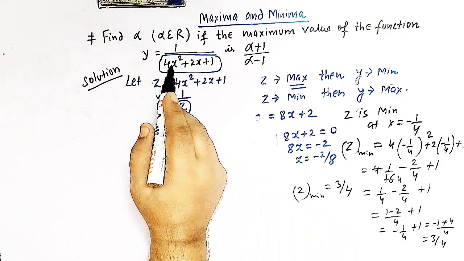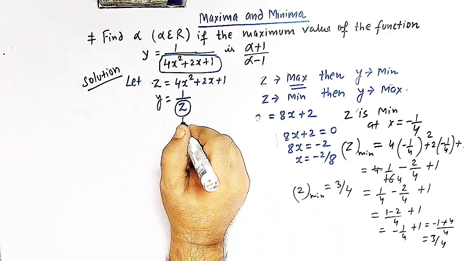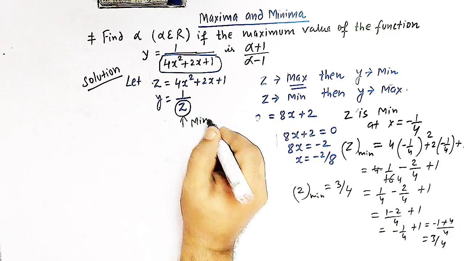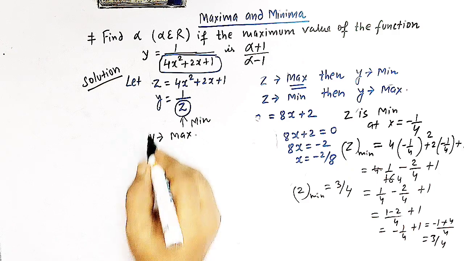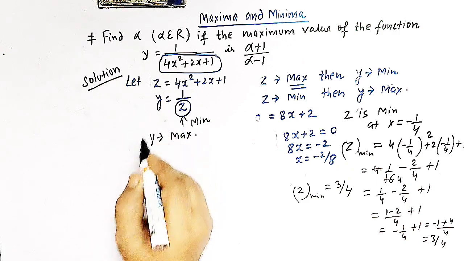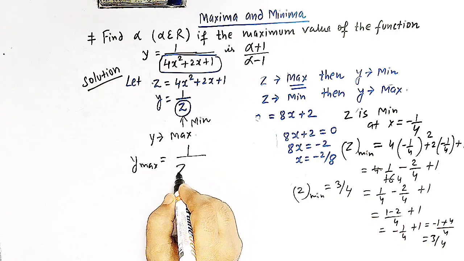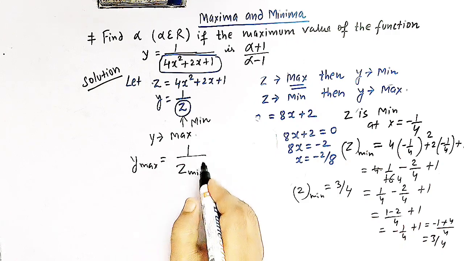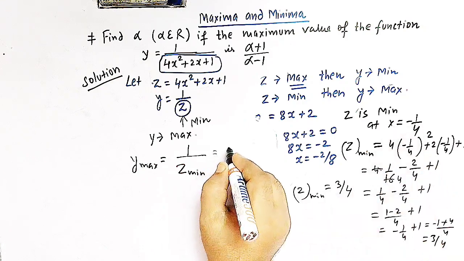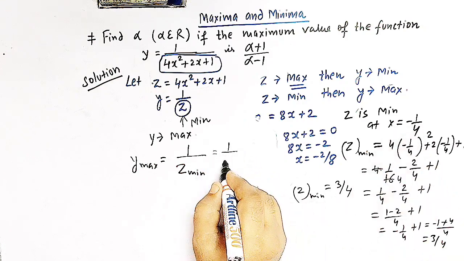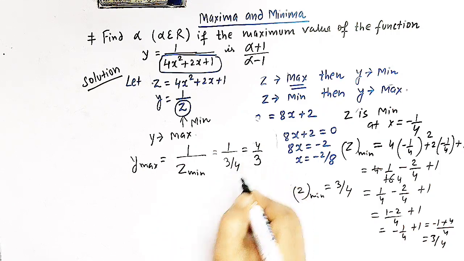So now z is a minimum, and we have y is equal to 1/z. So when z is minimum, then y is maximum, right? So the maximum value of y is equal to 1 over z minimum, and this minimum occurs at -1/4, that is 1 over z minimum is 1 over 3/4. So we have 4/3, right?